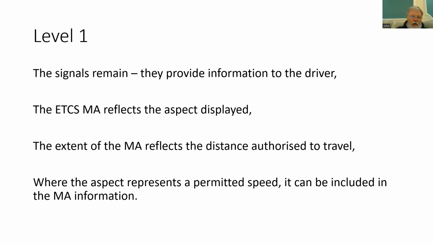In GB, we use distance to go aspects, green, double yellow, yellow, red, indicating how far the train is authorized to travel. In some implementations, the aspect also represents a permitted speed, and this can be included in the MA information sent in level 1.